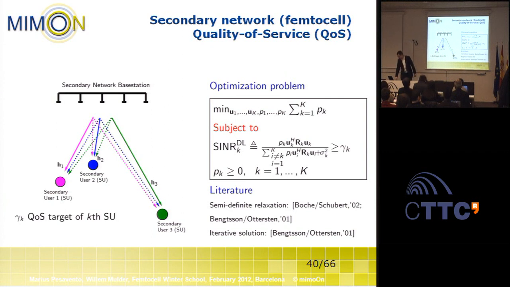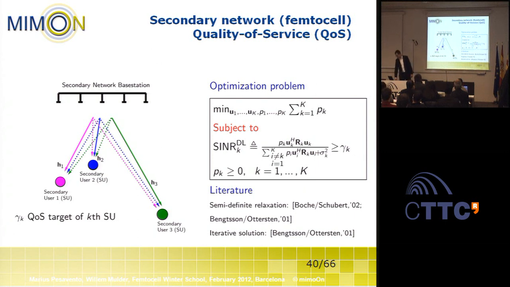So this SINR can actually be computed using our beamformers as this quotient, and we want to guarantee that this SINR is larger than a particular threshold gamma. So in this case, we can have successful transmissions.